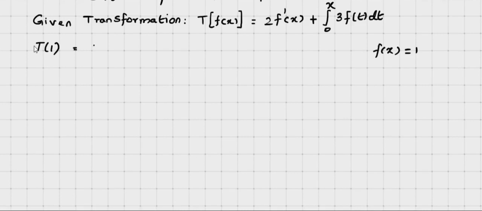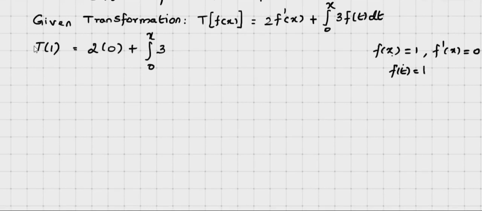Equals 2 into, what is f dash of x? F dash of x means it will be 0. So, 2 into 0 plus the integral from 0 to x of 3 into f of t. F of t means simply change x to t in the right hand side. In this we are not having x in the right hand side, so f of t will be 1.